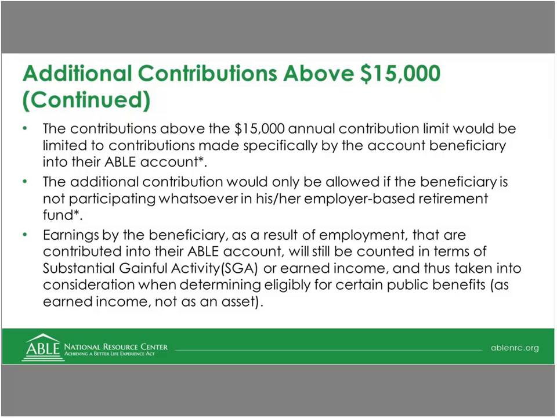As a result of this individual having employment, they would then be able to contribute up to $12,060 into their ABLE account, but just them. Having a job doesn't mean that friends, family, or other people who might want to contribute would be allowed to exceed that $15,000 cap. That's how we believe the law should work. However, there are pieces of this particular provision that need some clarification, and we'll talk about that in a little bit.